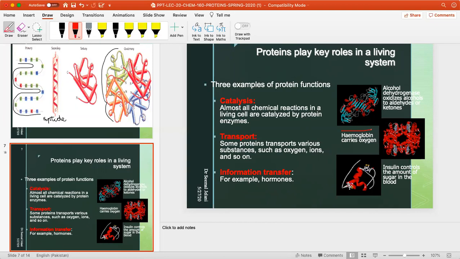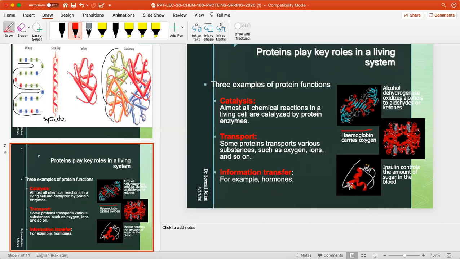The role of hemoglobin is that when oxygen mixes with hemoglobin, it converts the hemoglobin into oxyhemoglobin, and then this oxyhemoglobin is transported to the different parts of the body.